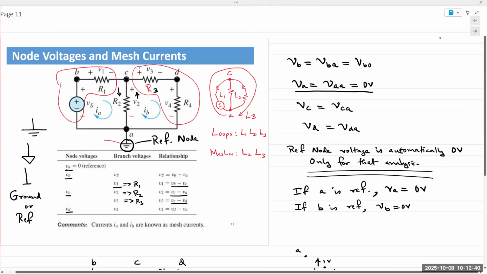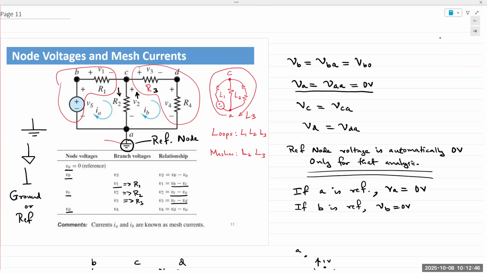But because they're in series, they share the same current. So if they share the same current, I could also say that R3 and R4 is the exact same branch. No difference, right? Because the same current flows through both resistors.